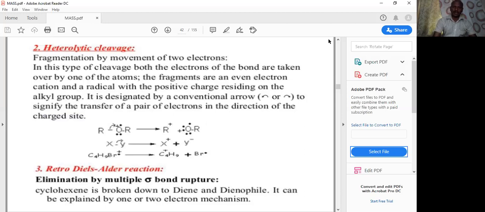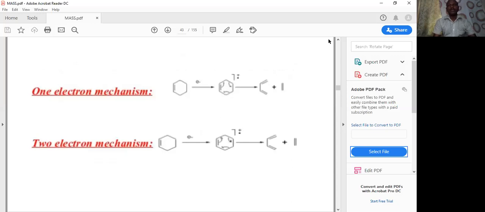Next, the retro Diels-Alder reaction. You can call it an elimination reaction, elimination by multiple sigma bond rupture. Here in the example, the cyclohexene undergoes fragmentation and gives the diene and dienophile. This can proceed by two modes, a one electron mechanism or a two electron mechanism.